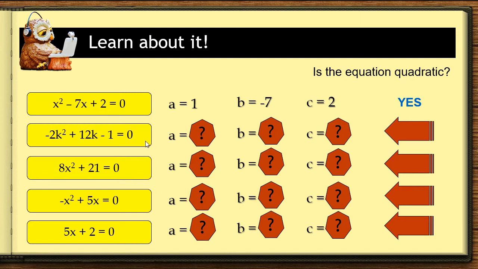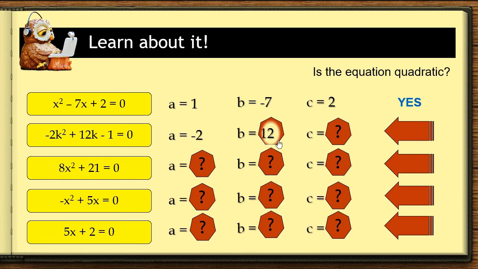In the second example, negative 2k squared plus 12k minus 1 equals 0, the value of a should be the coefficient of the quadratic term, which is negative 2k squared. So, a is negative 2. And for the value of b, we need to look for the coefficient of k in the linear term.